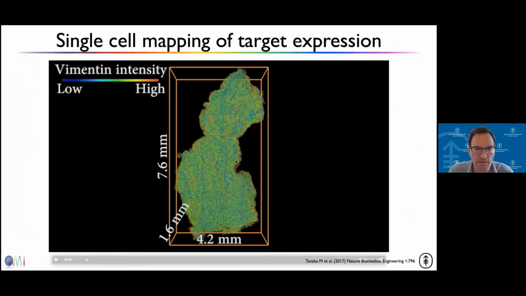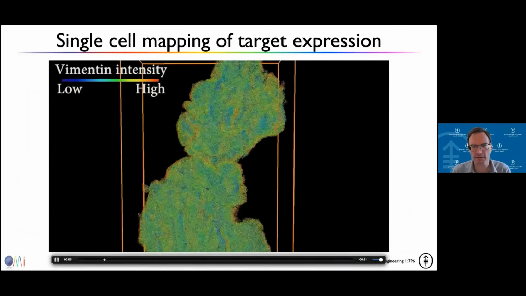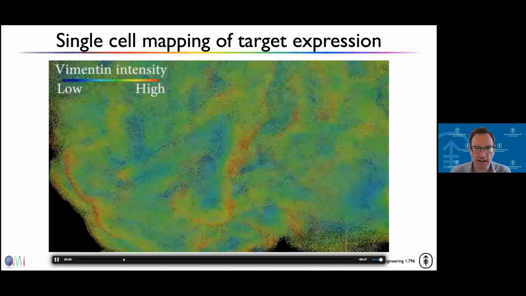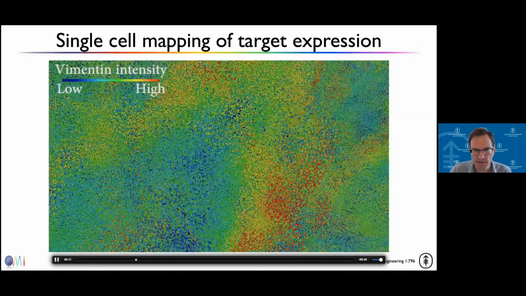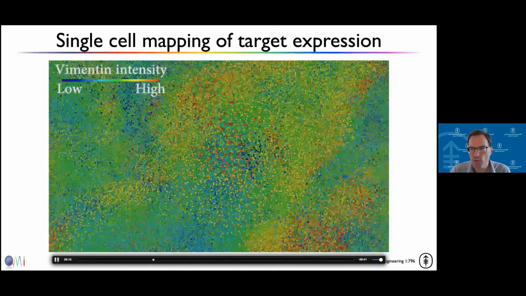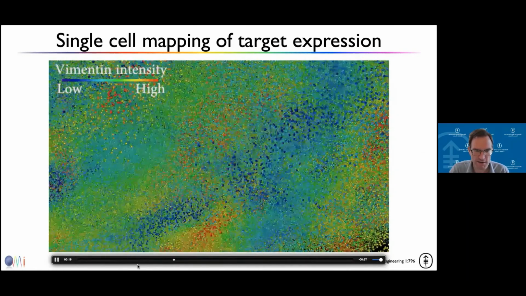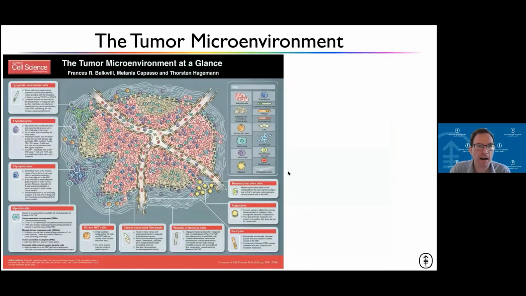This is Vimentin intensity in a microscopy slide where they stained for Vimentin, went in closely and showed the expression levels in different cells. You can see the range from low to high within the tumor itself, and this is, of course, just one signature, Vimentin. This was published in Nature Biomedical Engineering.